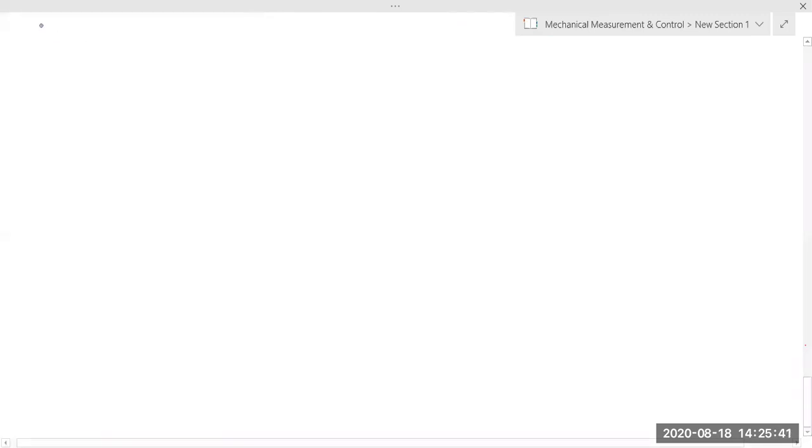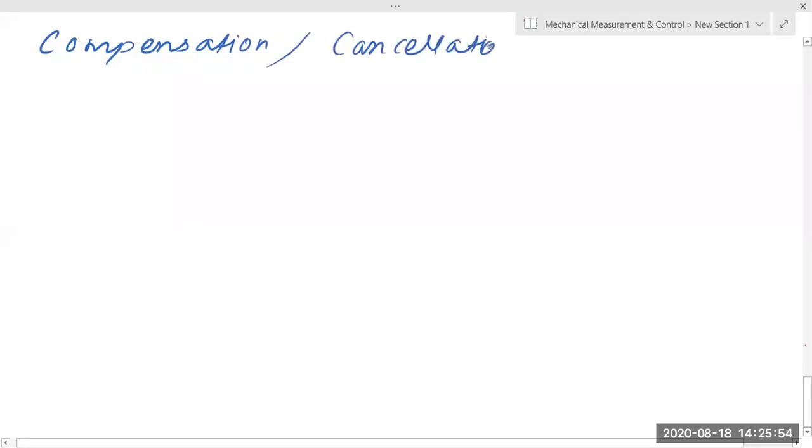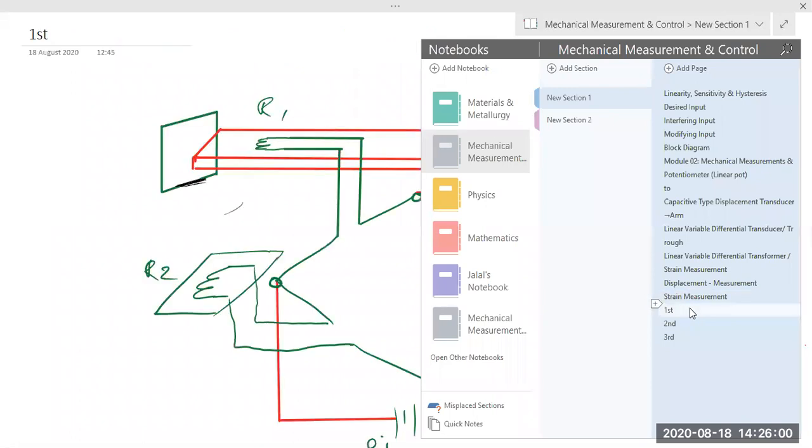Okay. So I'm just going to explain the first method, compensation or cancellation. How do you compensate for temperature? I've drawn a simple diagram so that things are very easy for you.